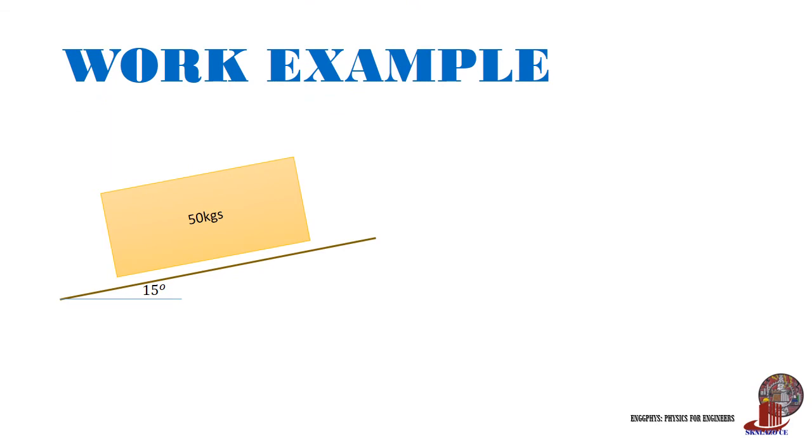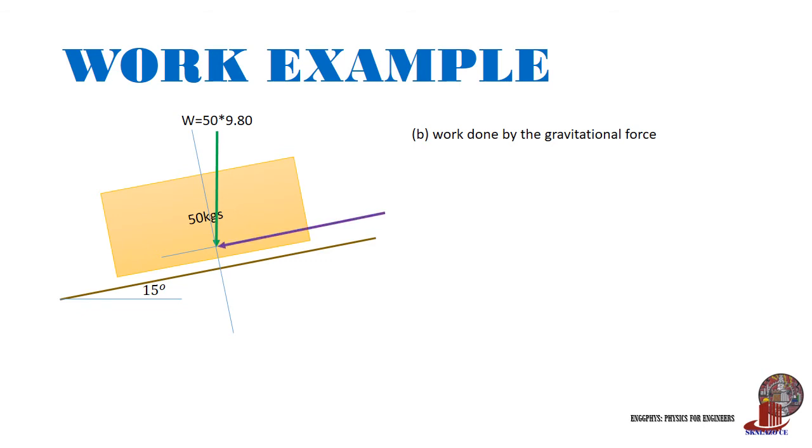The next requirement is to determine the work done by the gravitational force, or simply the particle's weight. Let's focus on that force only. By having the weight vertically applied while the particle is inclined, we are supposed to get the weight's component which is parallel to the motion. Let us create an inclined axis we call x prime, y prime axis. If we denote the axis parallel to the surface as x prime, then the component we are looking for is Wx prime. Reflect the inclination of the surface to the particle, making it refer to the y prime axis.